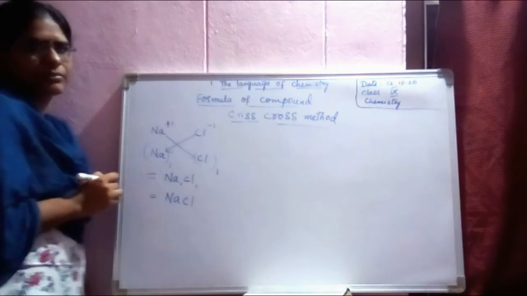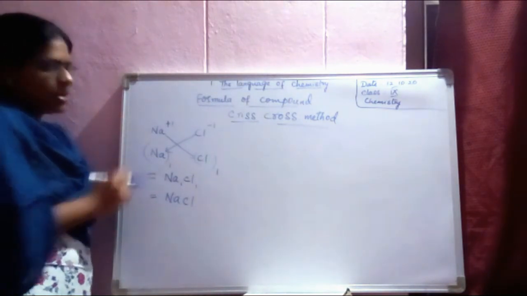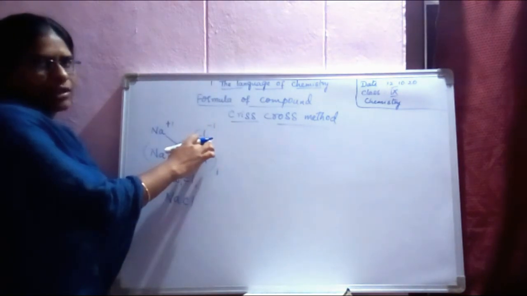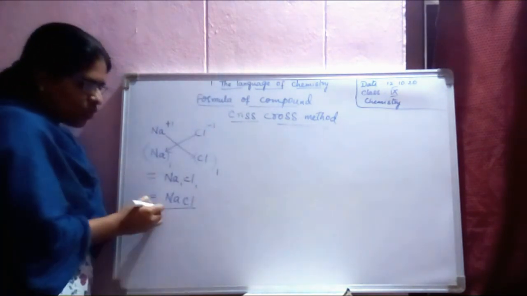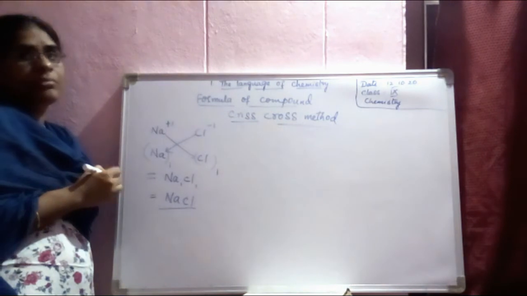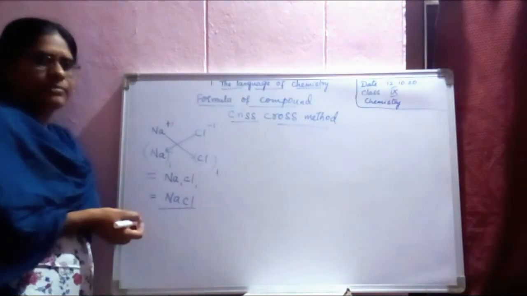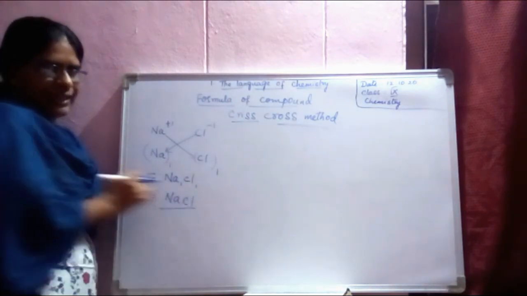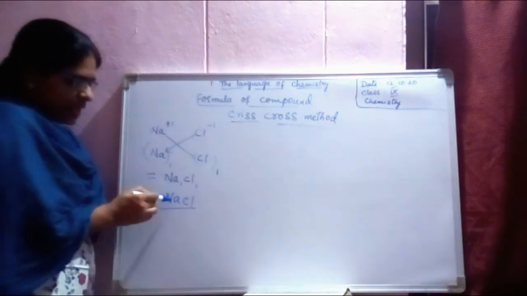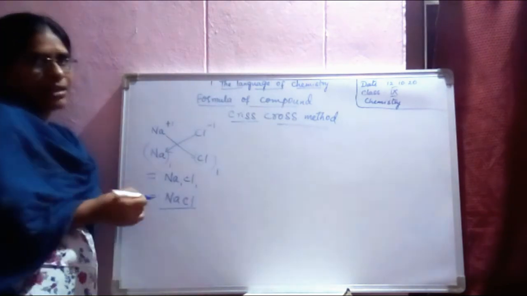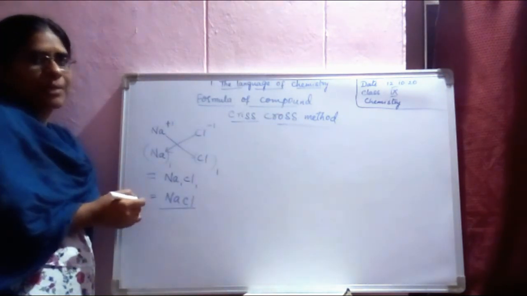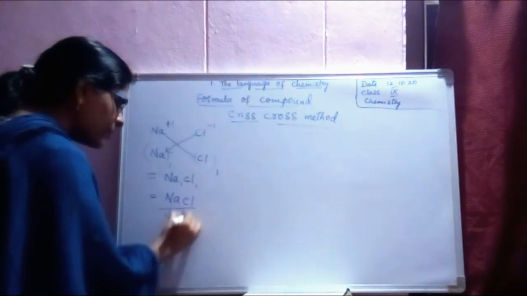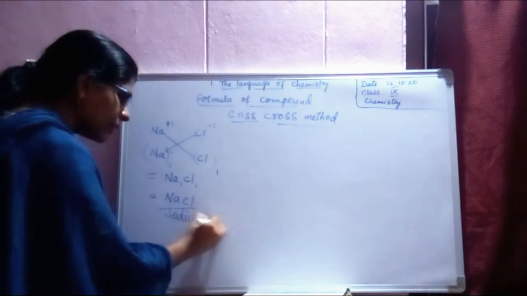NaCl. A sodium ion and a chloride ion combine to form sodium chloride. This is a compound. Two different elements are there, sodium and chlorine, and you are getting sodium chloride.